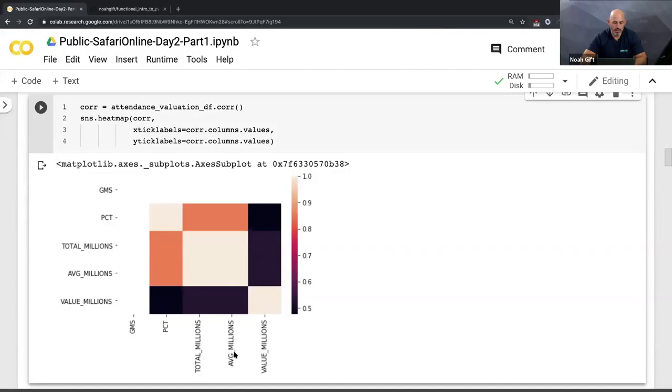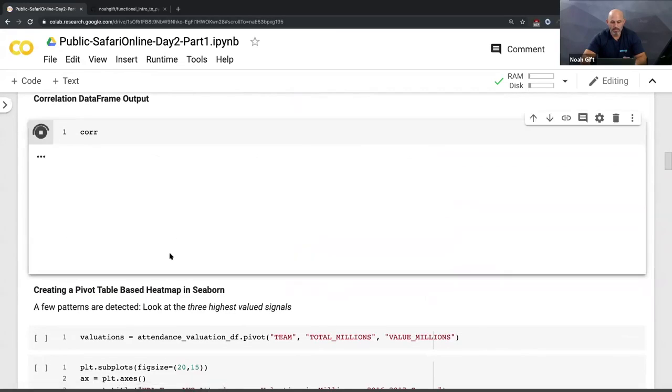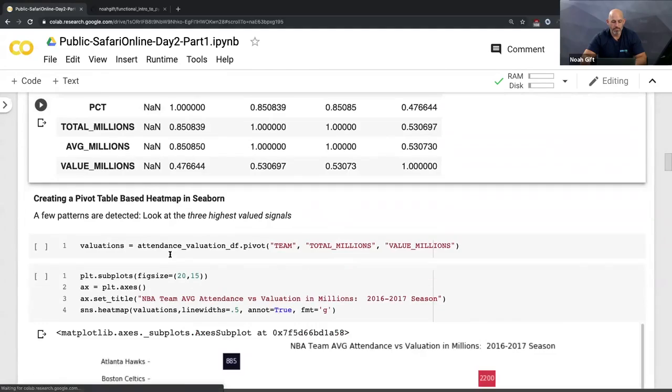But again, if I look at the valuation and the total attendance in millions, you can see that there is a correlation as we showed earlier. I also can just output this as a data frame.